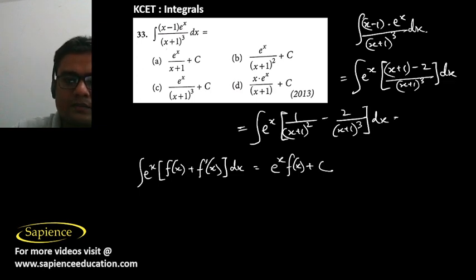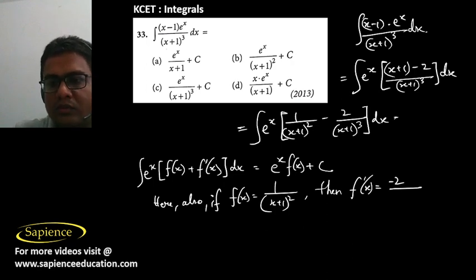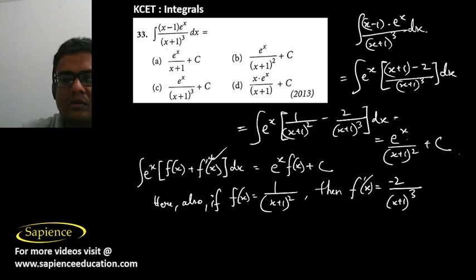So here also, if we take the function f of x as 1 by x plus 1 whole square, then f dash x, that is d by dx of this, is minus 2 by x plus 1 whole cube. So this is also of this form only. Therefore, the answer is e power x into f of x, that is e power x by x plus 1 whole square plus c. Option B is the correct answer.